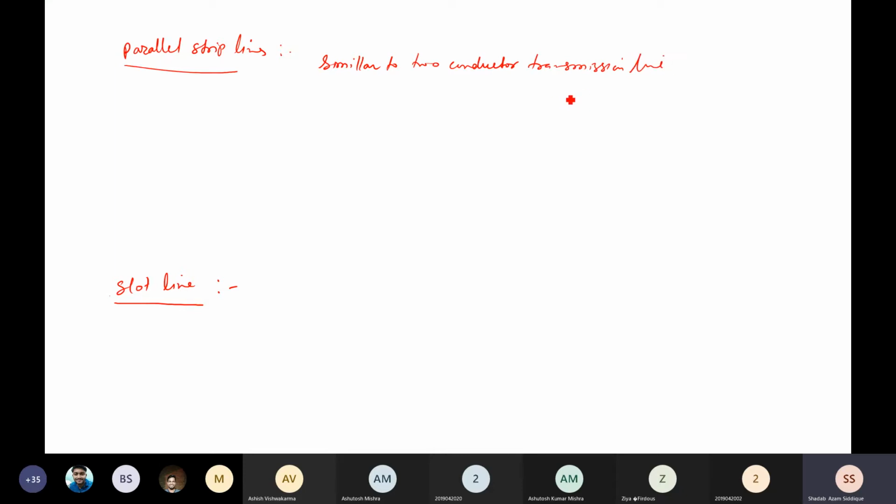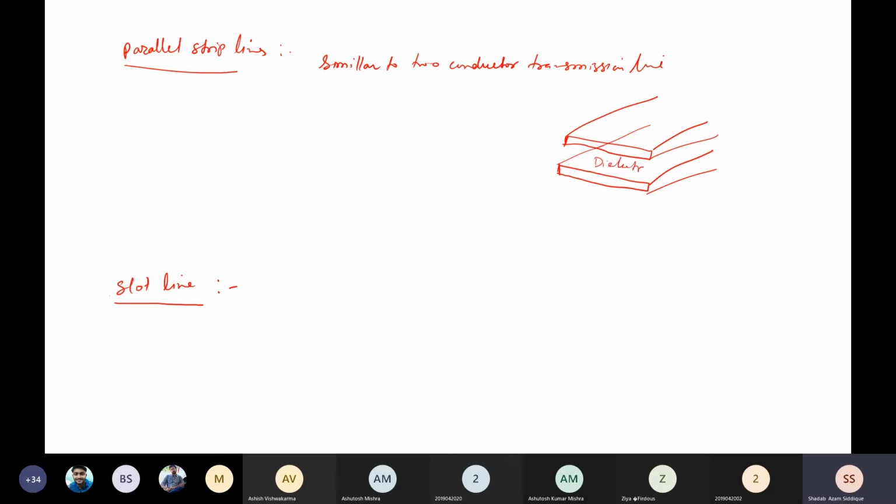In that we have a parallel stack. The structure is like this: we have two conductor strip lines, like this, parallel lines. In this structure we have conductors, and in between we have a dielectric.